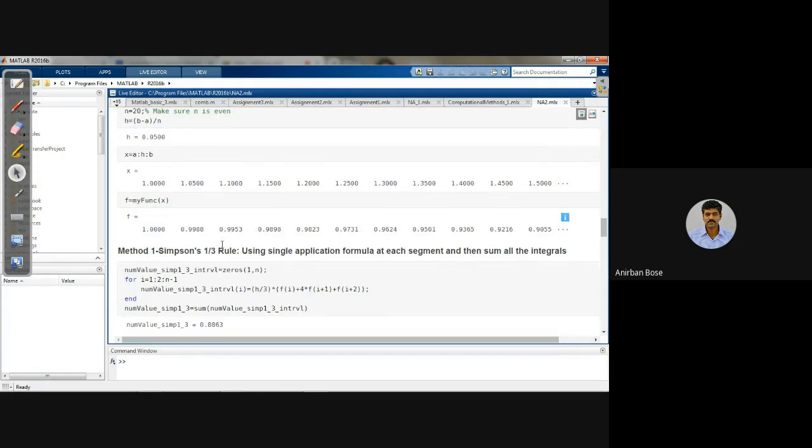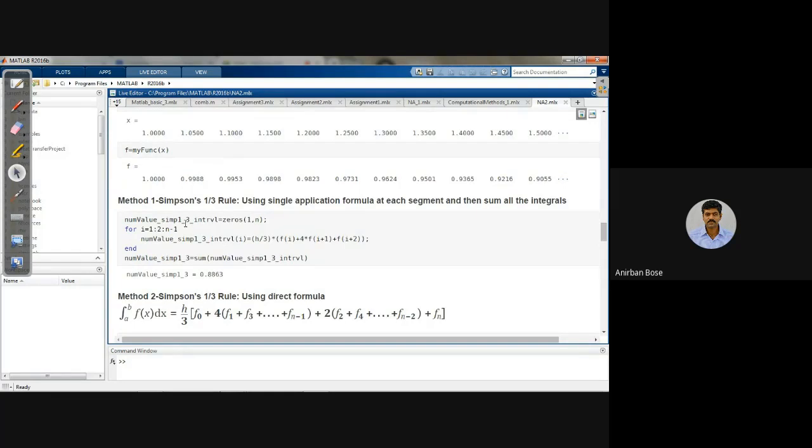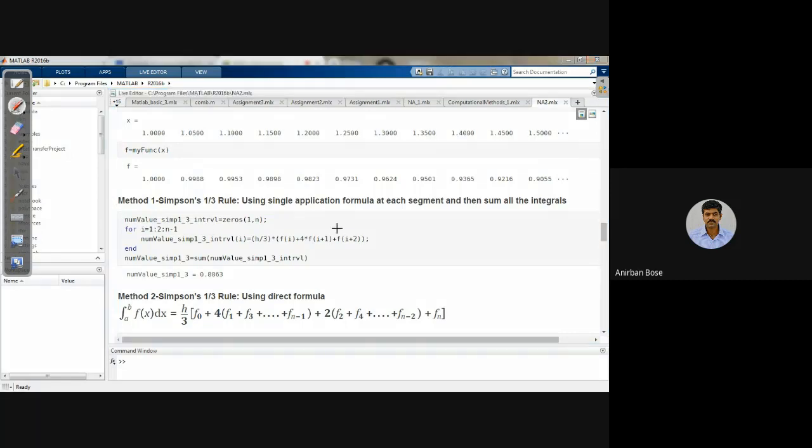Now the only thing that is going to change is that instead of the trapezoidal formula, we have to use the formula for Simpson's 1/3 rule for a single segment, as you have seen. And that is Fi plus 4 Fi plus 1 plus Fi plus 2.